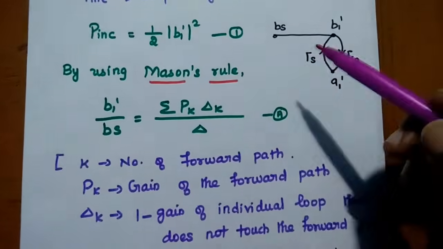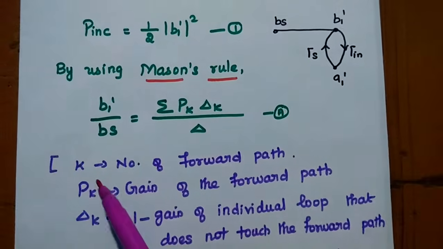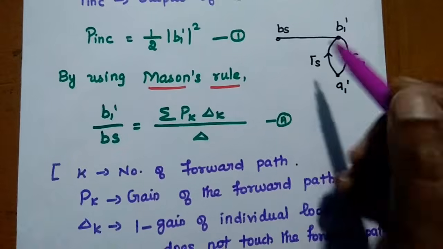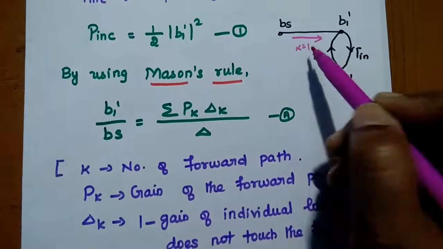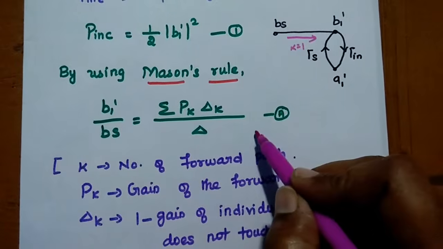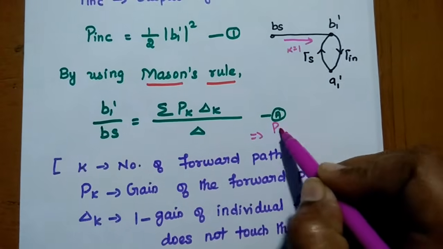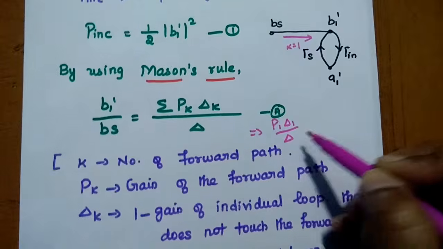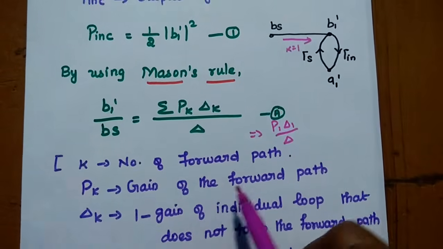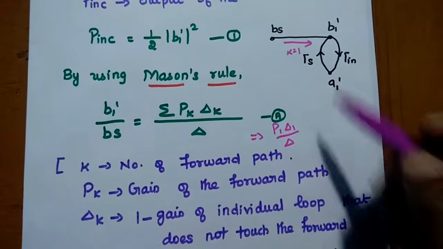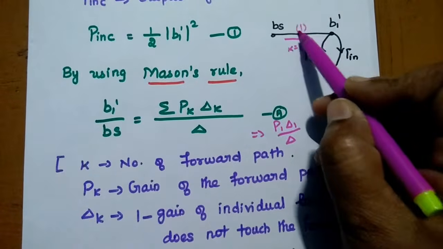From this signal diagram, what is K? K is the number of forward paths. Here there is only one forward path, so K is equal to 1. Now we can write this equation as P1 del 1 divided by del. What is the value of P? P is the gain of the forward path, which here is nothing but 1.